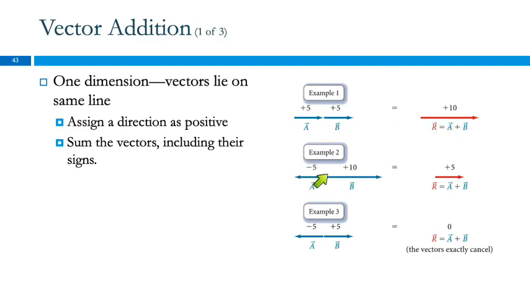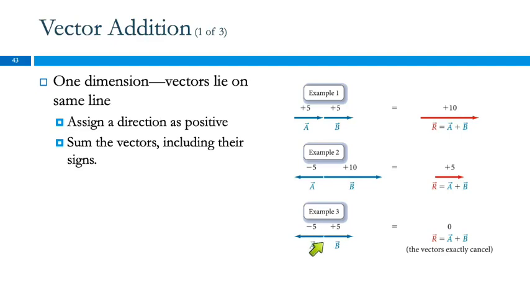Here we've got a -5 going off on the negative end of the number line and a +10 going to the right. So when we add these vectors, we get 5 positive. Does that make sense? Because these are going in opposite directions, but the positive wins because the positive is bigger, right?